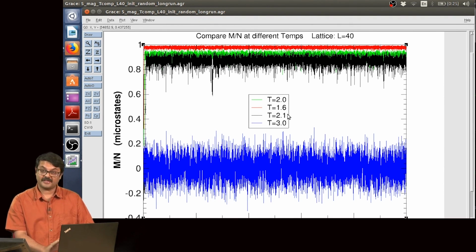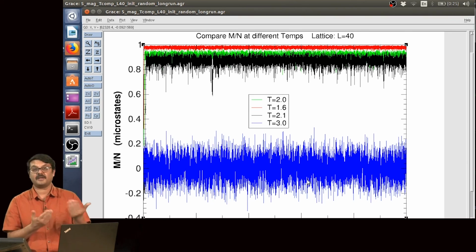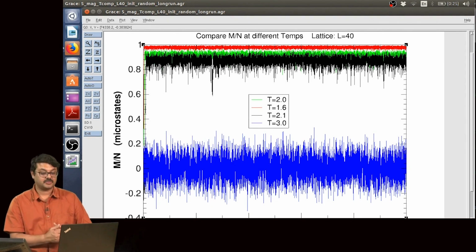You are getting a finite value of the magnetization, fluctuating about an average value, but at T equal to 3, you see the magnetization has become 0, which means you have an equal number of spins pointing up and down, and of course that is fluctuating. So, the magnetized state is lost, the system is disordered, right. You have basically gone above Tc.